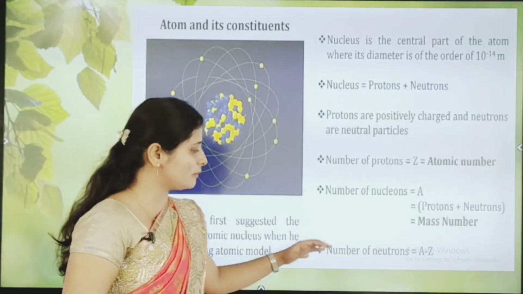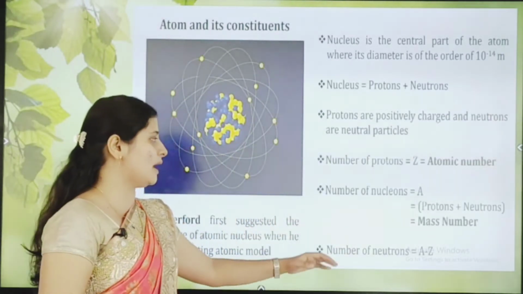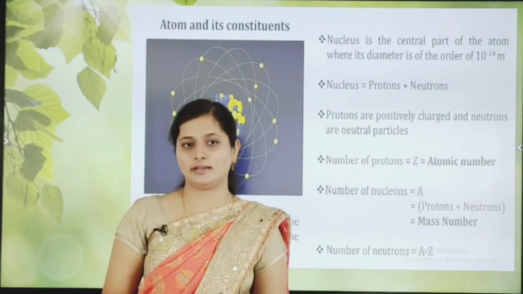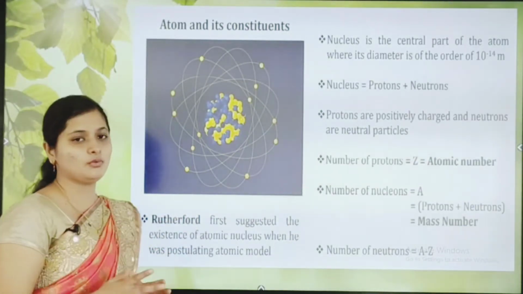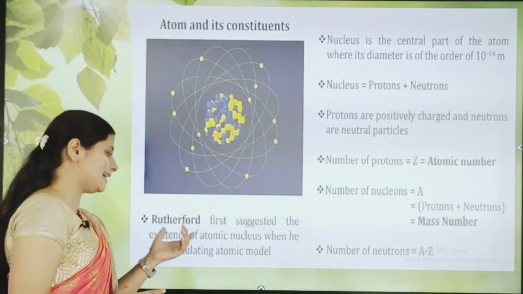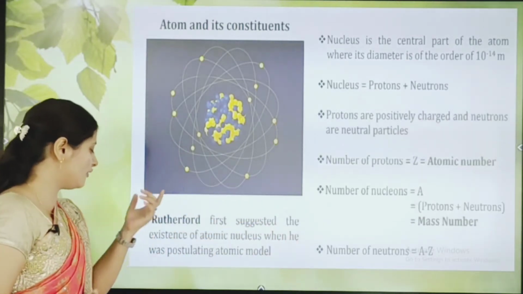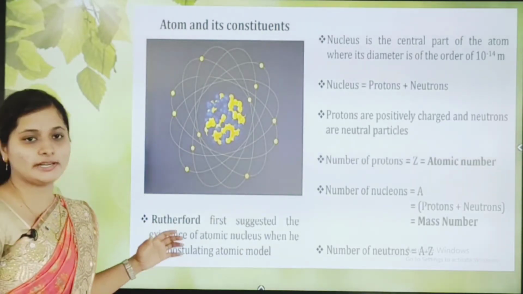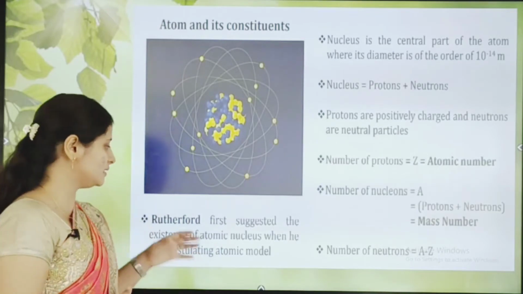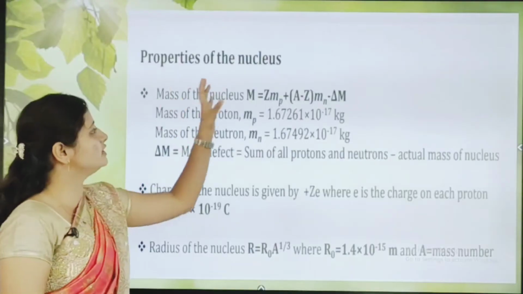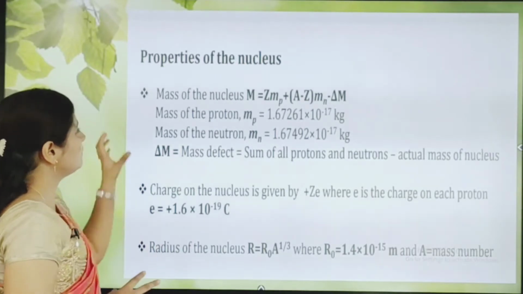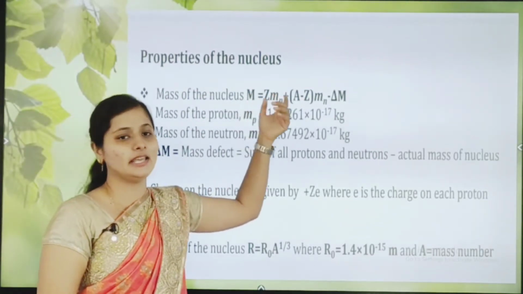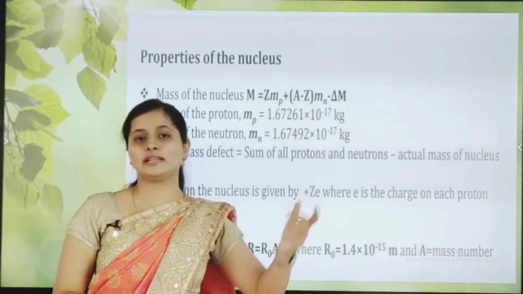The number of neutrons is the mass number minus the number of protons, that is A minus Z. Rutherford was the first to suggest the existence of an atomic nucleus when he was postulating an atomic model, in which the atom consists of a nucleus. The first point, the mass of the nucleus, is M equal to Z Mp plus (A minus Z) Mn minus delta M.